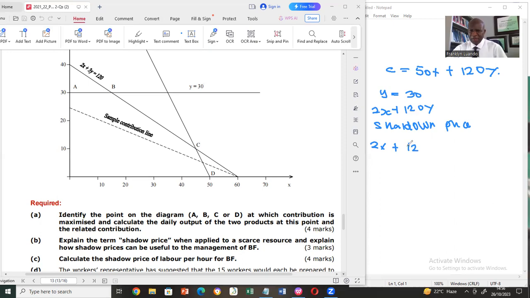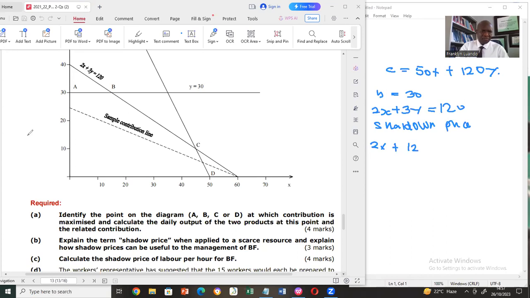The equation is 2x plus 3y is equal to 120.